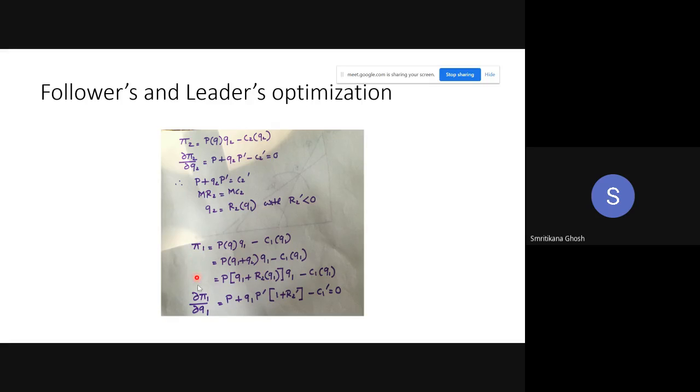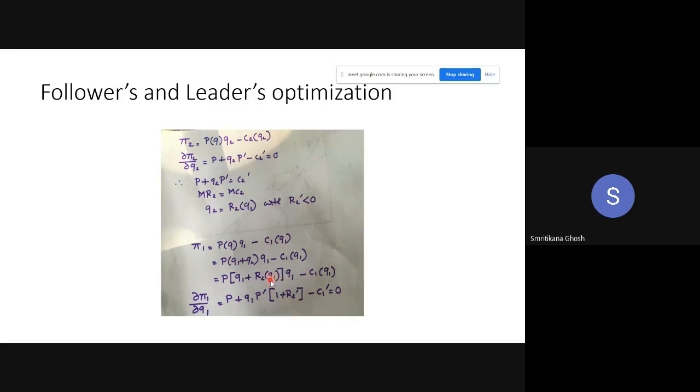Now the first order condition: ∂pi1/∂q1 = p + q1 p'(1 + R2') − c1'. R2' is the slope of the reaction curve of the follower. And why are you getting this slope?